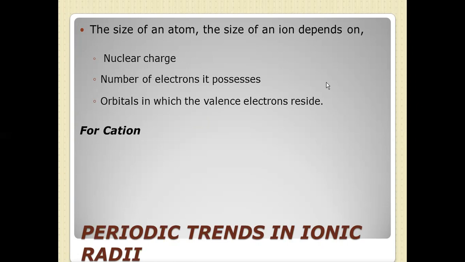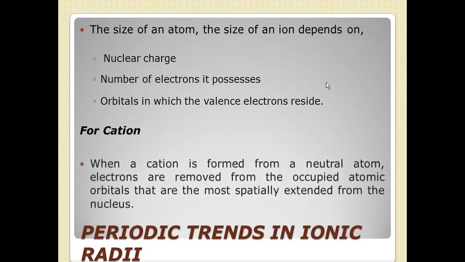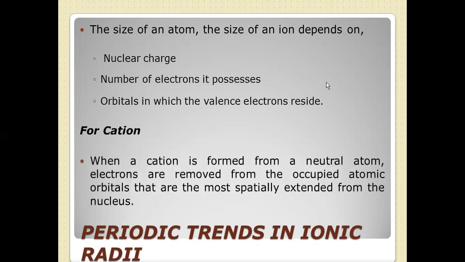This is what we studied in the unit 1 earlier chapter, right? According to that, when a cation forms from a neutral atom, the electrons are removed, right?